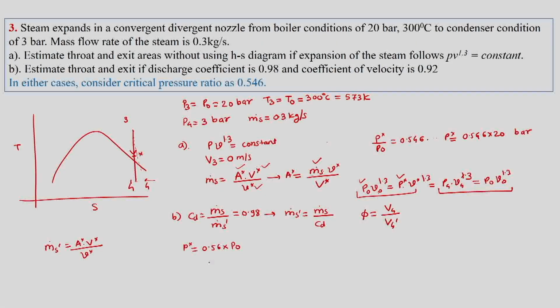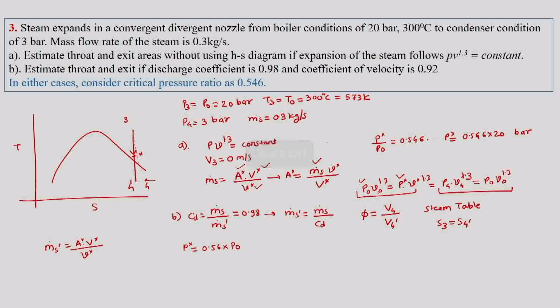Now we can go to the steam table, where we know S3, and S3 is equal to S4 dash, so we will find the 4 dash state. So this S4 dash is known to us.